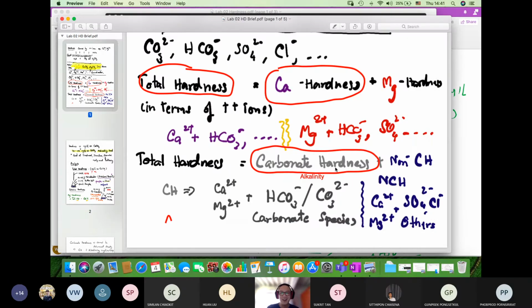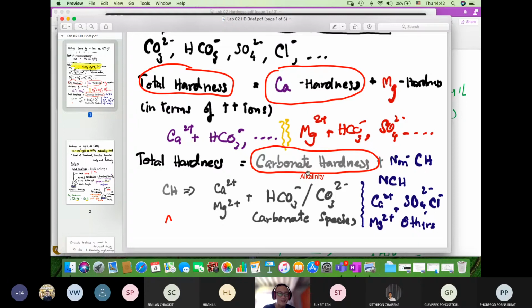Carbonate hardness cannot be measured directly, but one thing we know is that the carbonate hardness is the hardness caused by the carbonate species, and these carbonate species have a really close link with the alkalinity measurements.